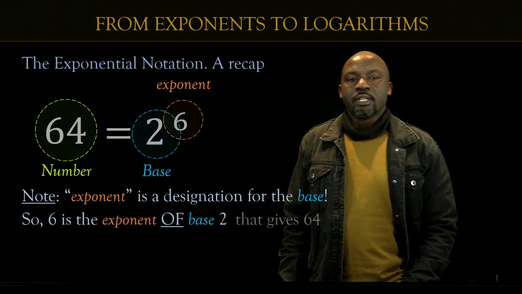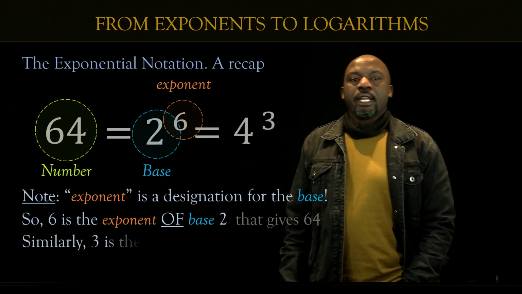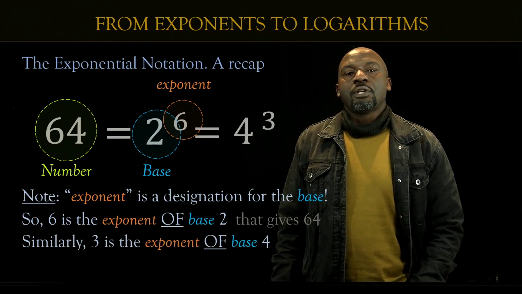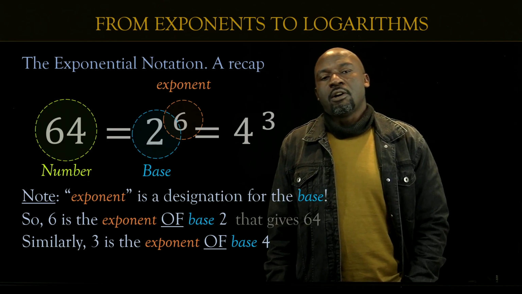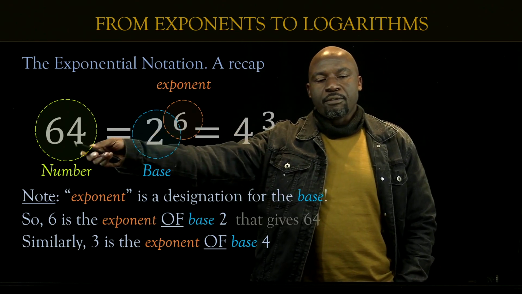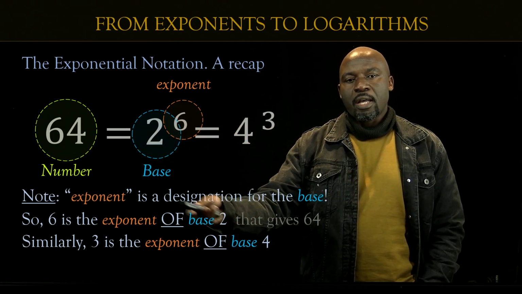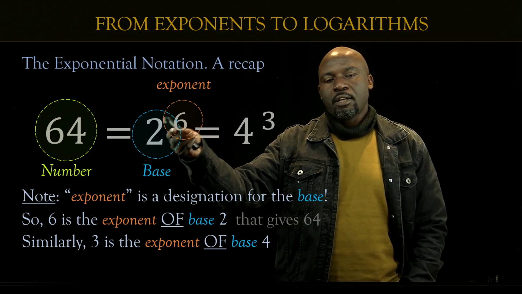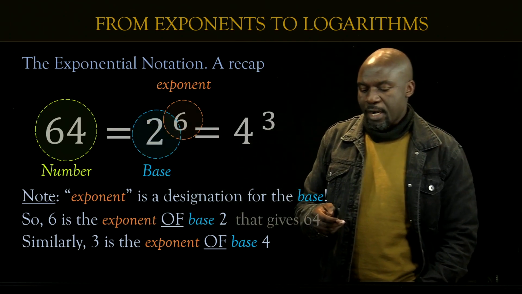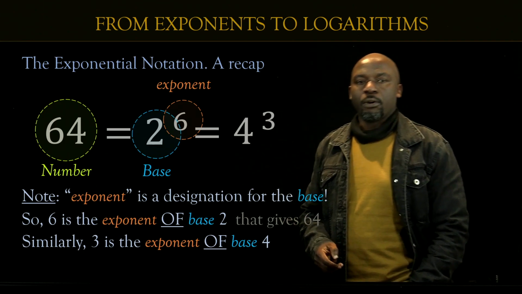Okay, so in the same way, if we express 64 as 4 to the power of 3, then 3 is the exponent of the base 4 that will result in a value of 64. 6 is the exponent of the base 2 that will result in a value of 64.